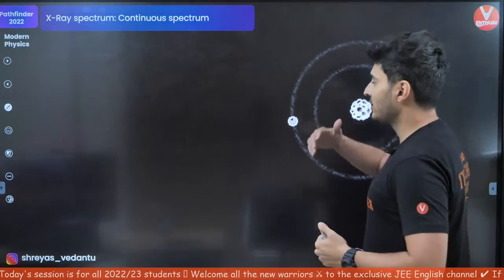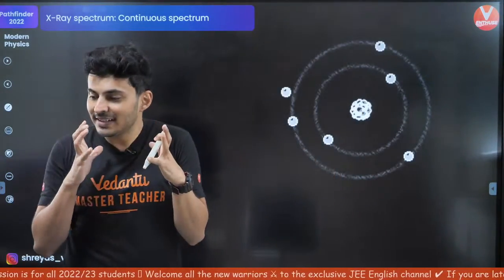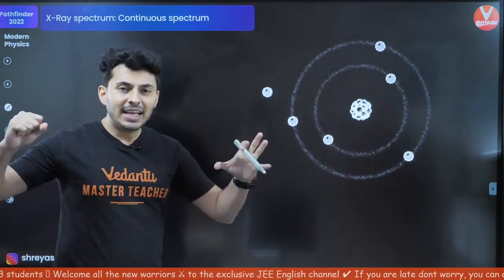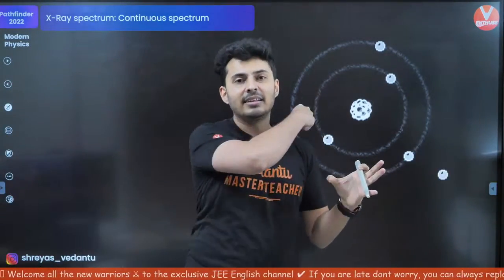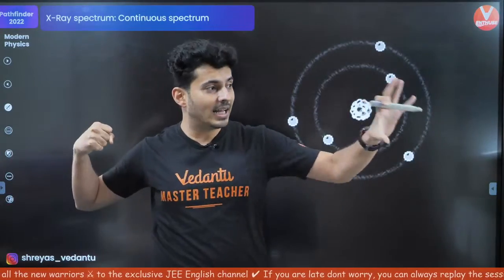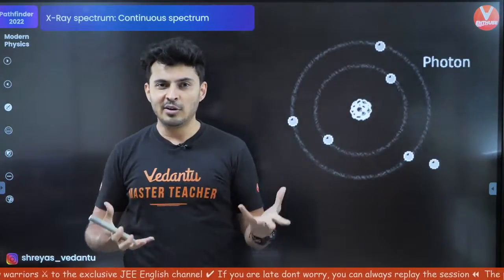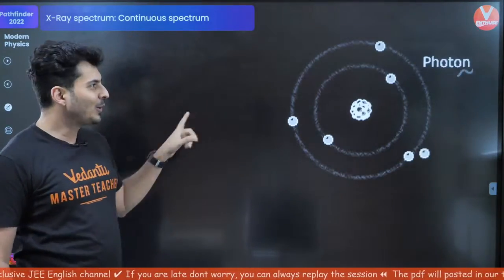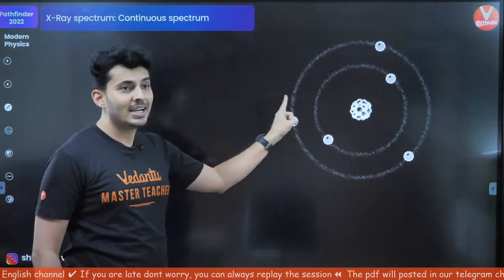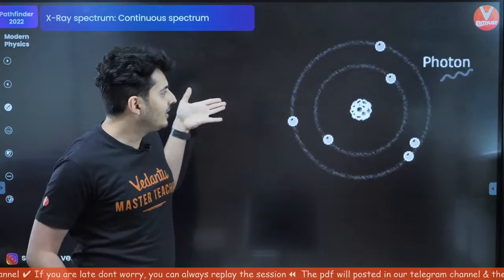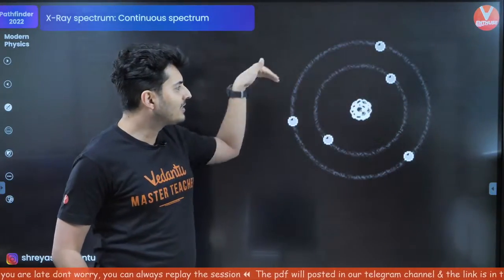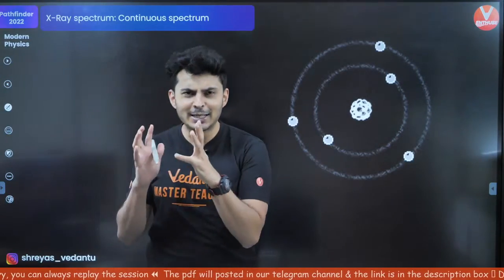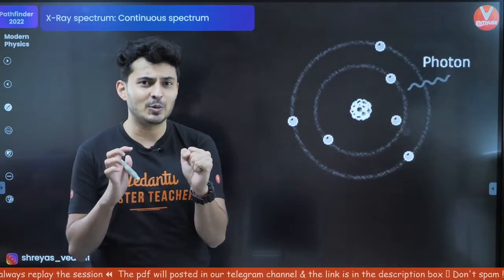Anyways, continuous spectrum. So how does it happen? First, when these electrons get accelerated, they are going to collide with that target material. Target material is made of atoms. Look at one such electron coming from the accelerated part, it enters, hits the target, and gets deflected because of the charges out there.